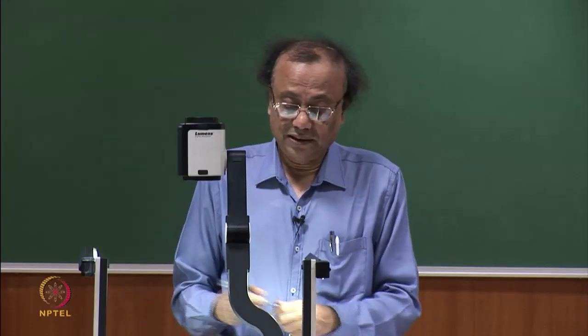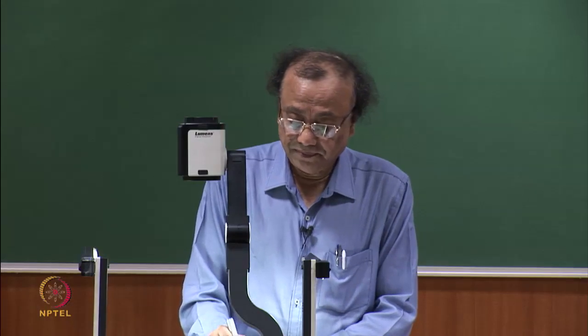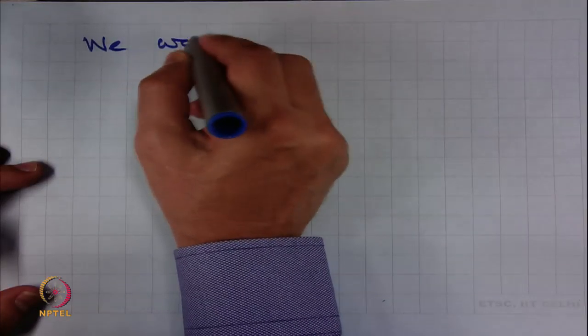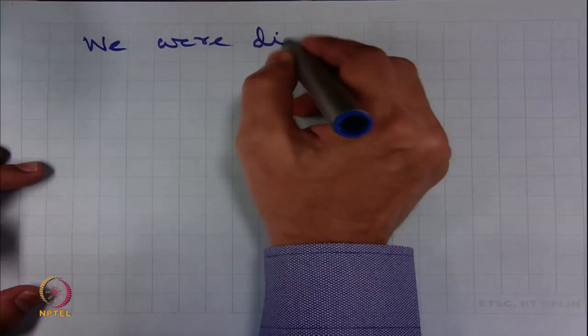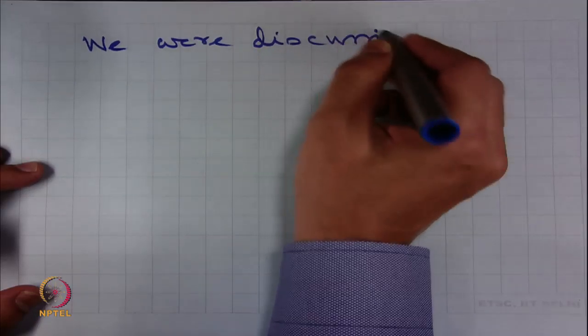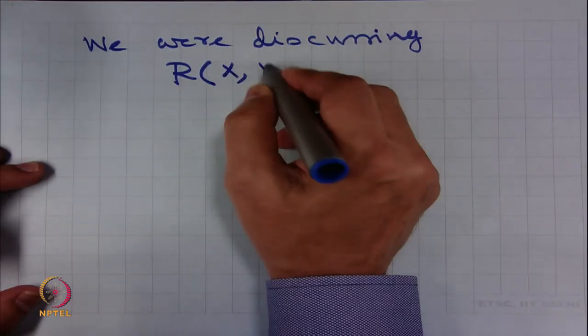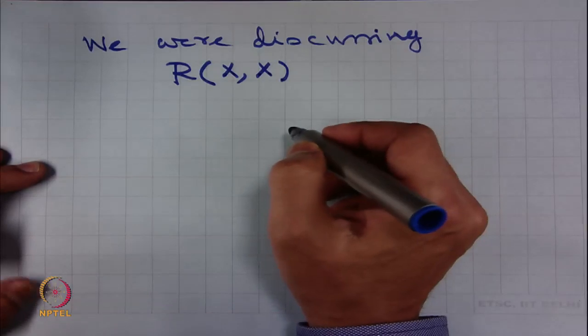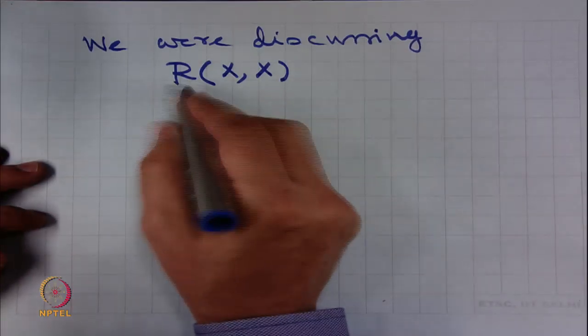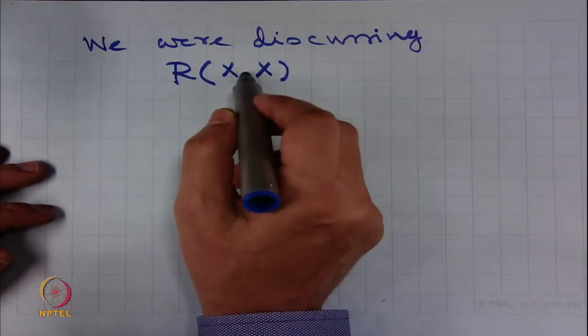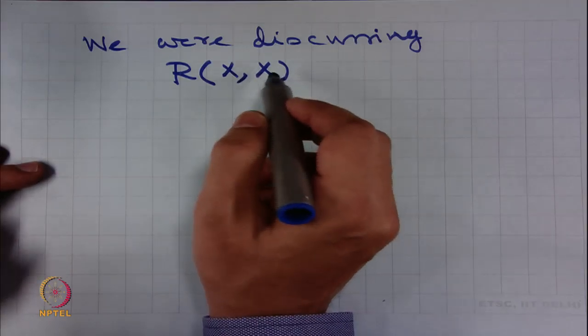In the last class, we were discussing binary relations between the same set, that is R on x comma x.